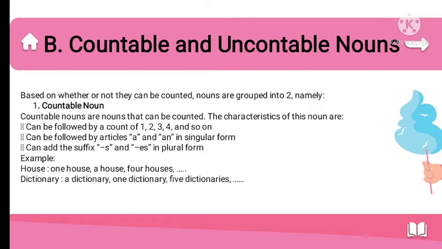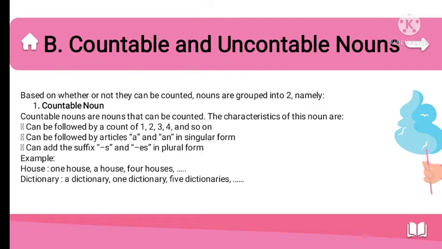The characteristics of this noun are: can be followed by a count of 1, 2, 3, 4, and so on, can be followed by article a and an in singular form, and the last, can add the suffix s and es in plural form.